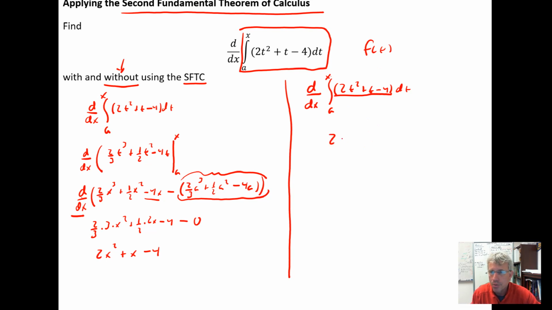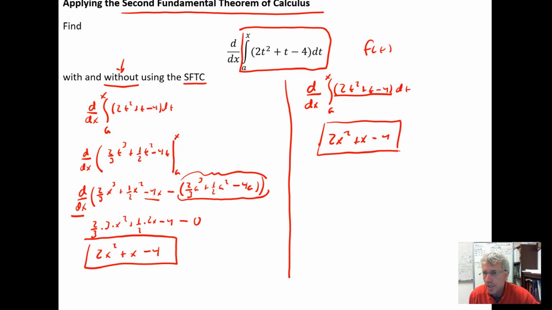So I would get 2x squared plus x minus 4. And I get the same thing that I did by integrating first and then differentiating. So the second fundamental theorem of calculus gives us a nice shortcut for finding this derivative.